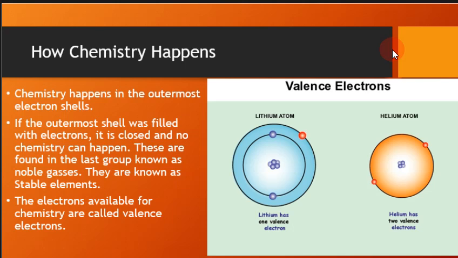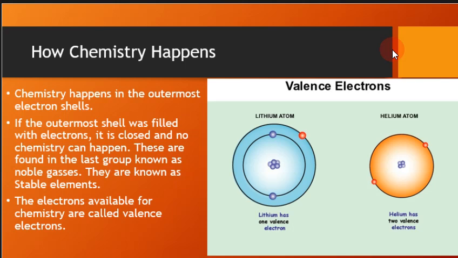But this lithium has 2 here, plus 1 more all by itself spinning out there. And it would like this next shell to have 8 when using the Bohr model. Remember, the Bohr model is not exactly right, but it's still very useful. So if I want 8 here, it's got 1. What do you think lithium wants to do with that electron? It just wants to get rid of it.